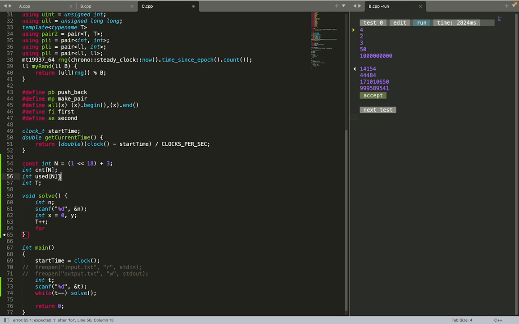If I want to write something down here, I will set used to t, and now I know that's the correct value. But if I want to read the value, I will first look at used, and if it is smaller than t, then the value that we store here is actually old. That's from the old test case, and so the value is actually 0.